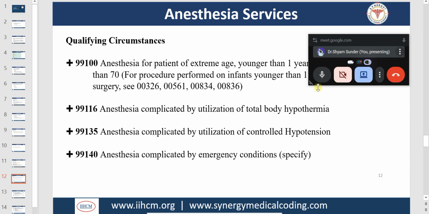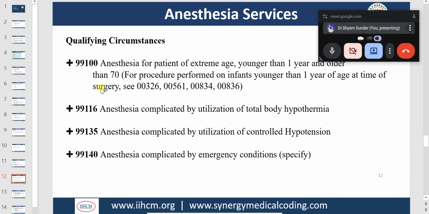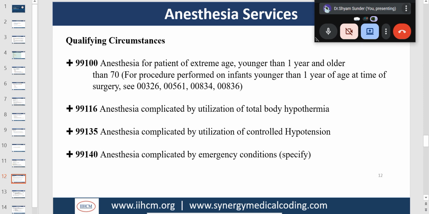So we have qualifying circumstances also, add-on codes. We know what is an add-on code. In anesthesia also we have add-on codes. First one is 99100. Can anybody read please what is 99100?